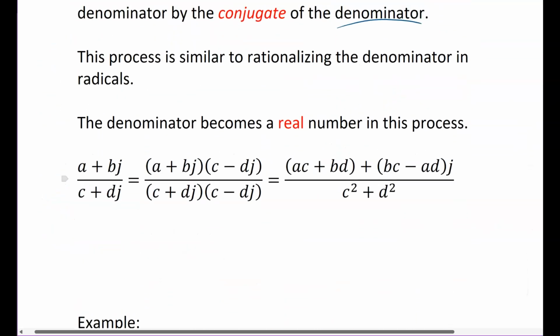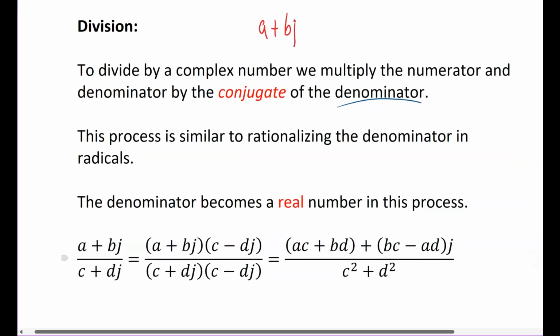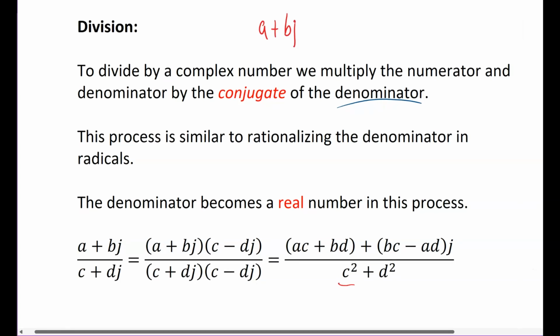So the denominator is c squared plus d squared. We eliminate those middle terms. And if you're wondering how this works, just do it again, and you'll see the process. Now in the numerator, that's not going to happen because we're multiplying it by something different. We will still get a complex number, just like we did when we multiplied. It'll just be over some real number.